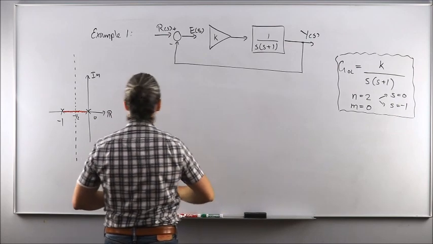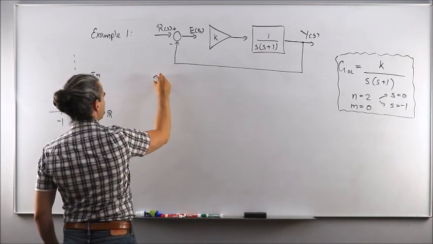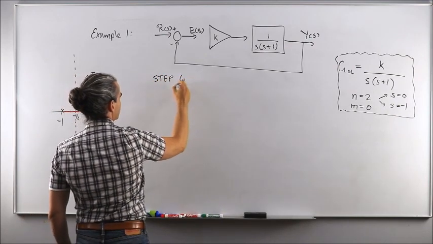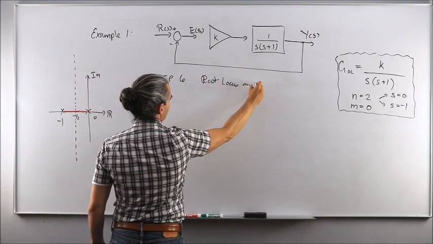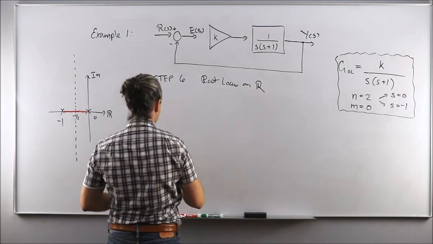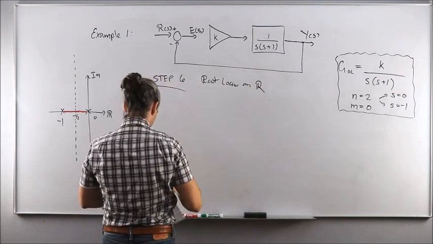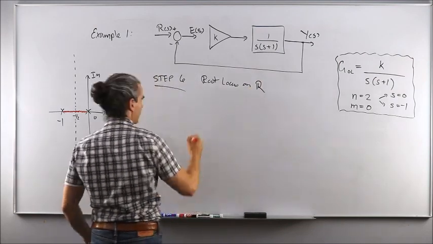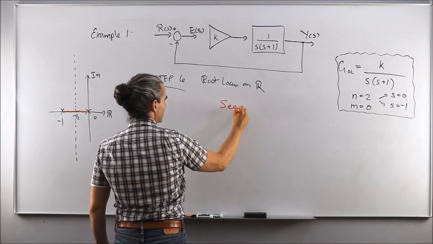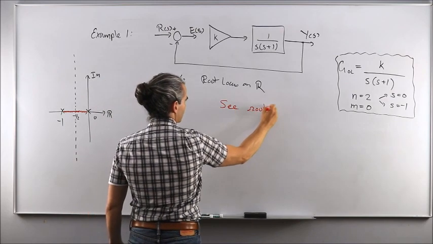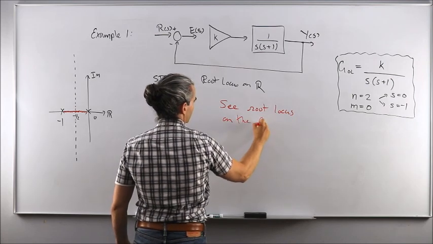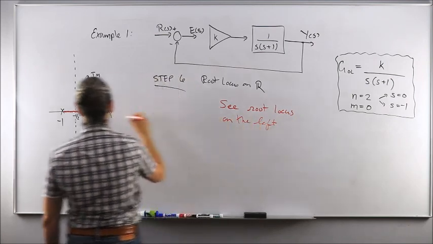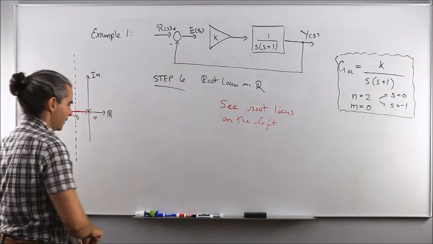So that is step 6, root locus on the real axis. I'm going to just say C, root locus on the left in red. That's what I did.